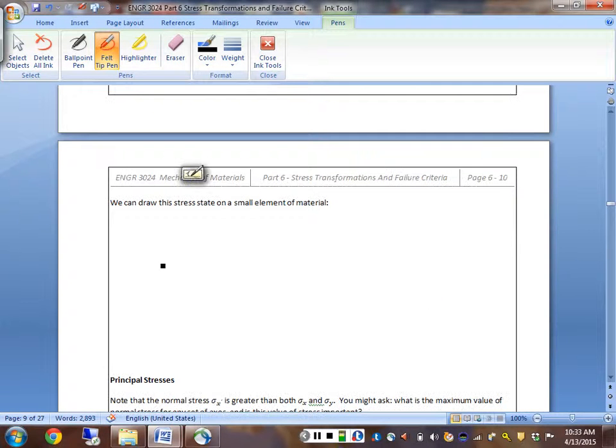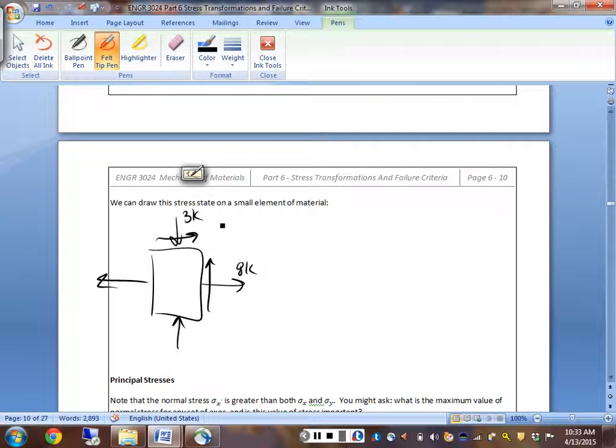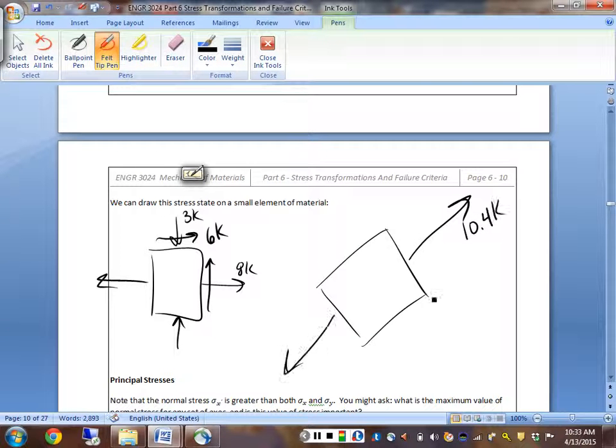Okay, so we already kind of have one of them there. The original is 8K, 3K, and 6K. And then if we transform it, we rotate our cube by 30 degrees, we now have 10.4K, 5.4K.